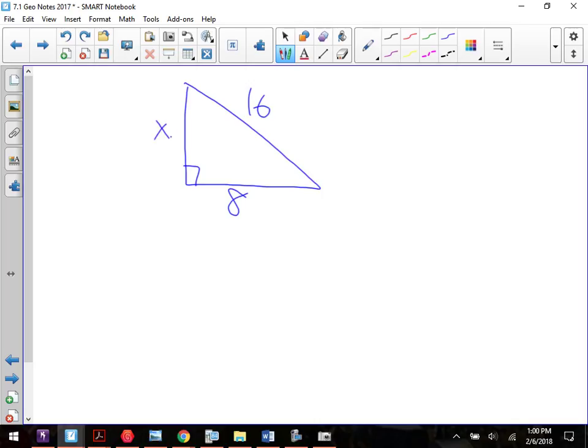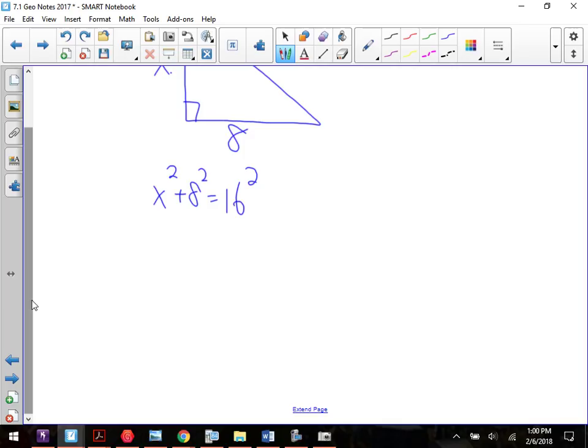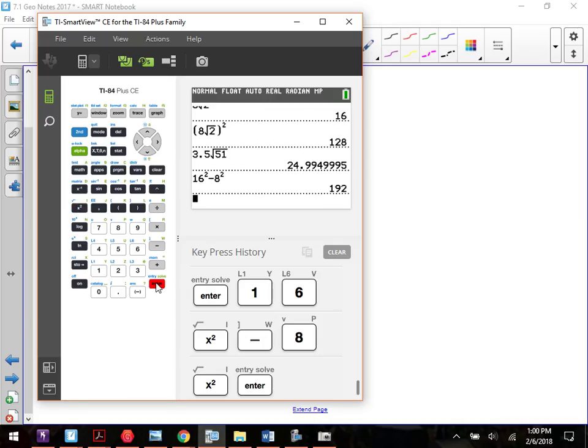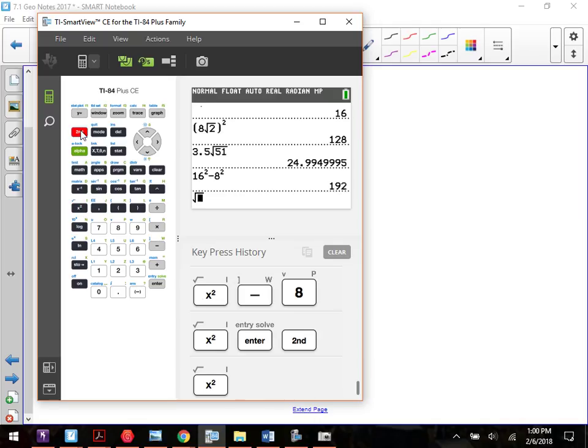Call it x. Throw it in the calculator, you take 16 squared and subtract the 8 squared. You get 192. Your calculator will simplify that radical by hitting second, square root of your answer.